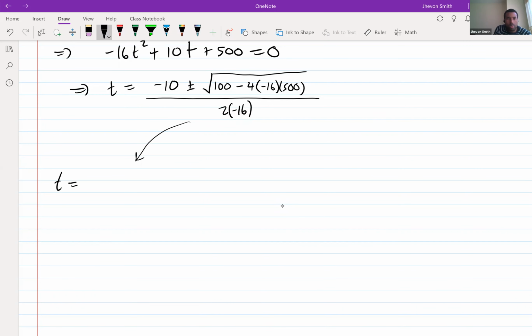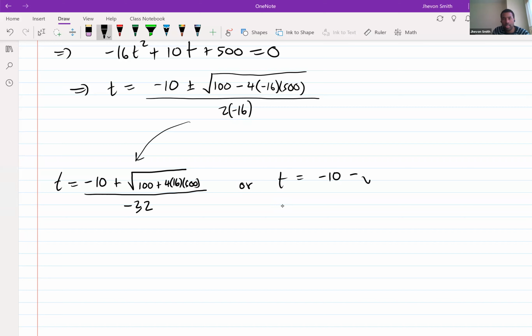Your t is going to be minus 10 plus the radical of 100 plus 4 times 16 times 500, over minus 32, or your t equals minus 10 minus the square root of 100 plus 4 times 16 times 500, all over minus 32. So, moment of truth, are both of these correct?